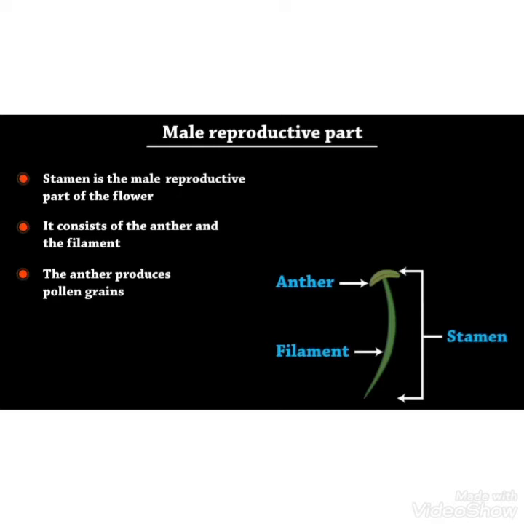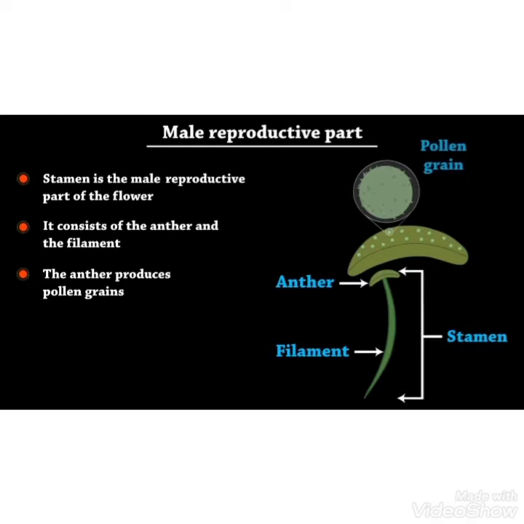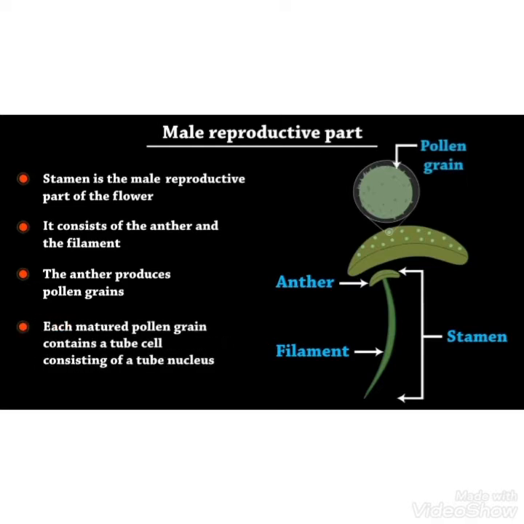The anther produces pollen grains. Each matured pollen grain contains a tube cell consisting of a tube nucleus and two male gametes.